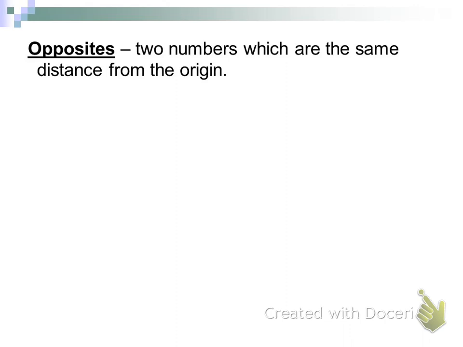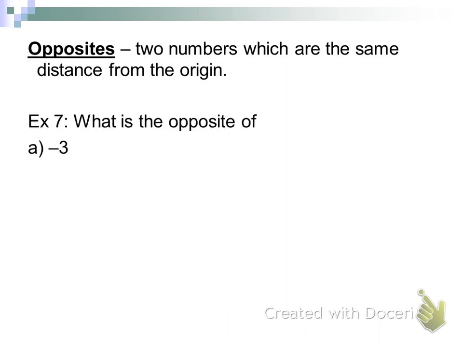All right, opposites. Two numbers which are the same distance from 0. So how could you both be, let's say, 5 units away from 0? Yeah, one goes to the left 5, one goes to the right 5. So if we're looking for the opposite of -3, you can all say it. It would be 3.